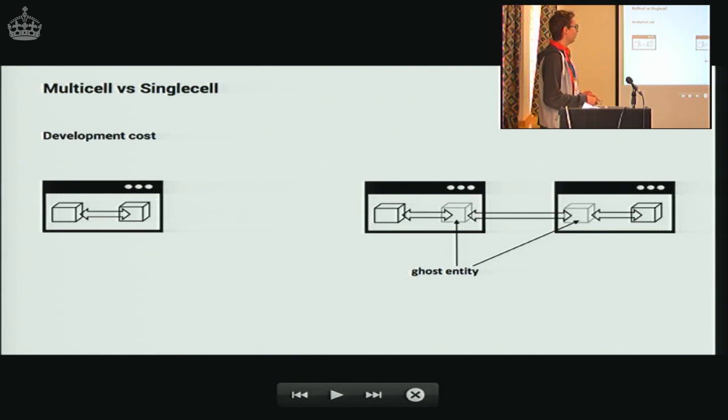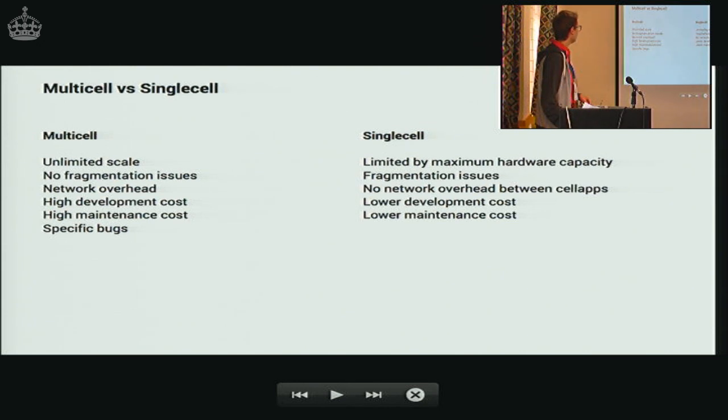But here we have to keep in mind that any object can be on any cell, and we have to communicate with it through host entities and through a mailbox. So the opportunity of the multi-cell approach in that case is unlimited scale. There are no fragmentation issues, but we have network overhead, high development cost, high maintenance cost, and because of high development cost, we have some specific bugs.